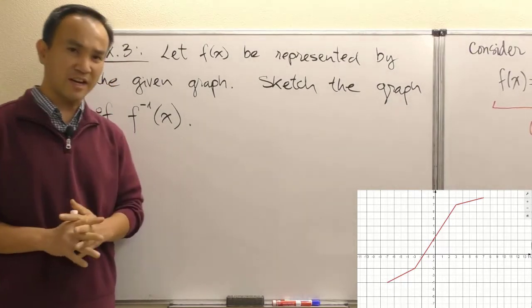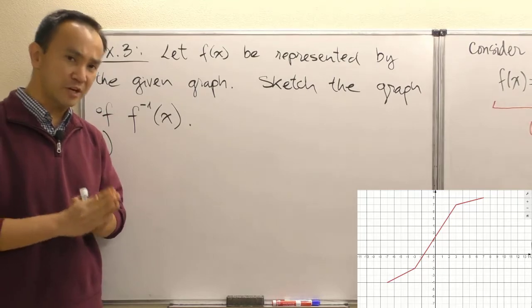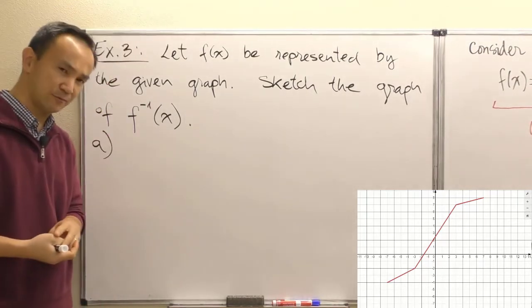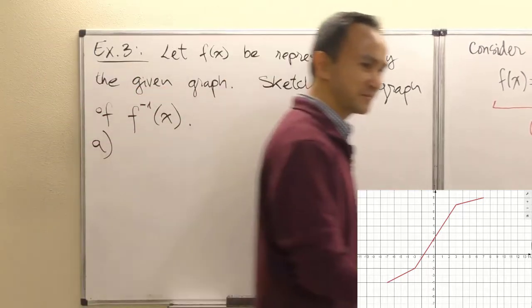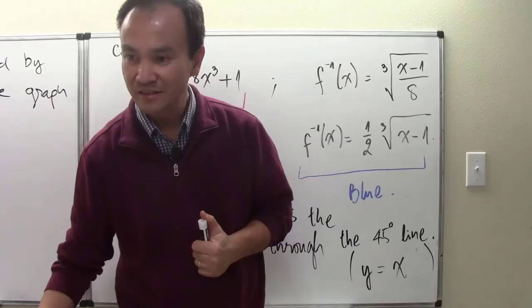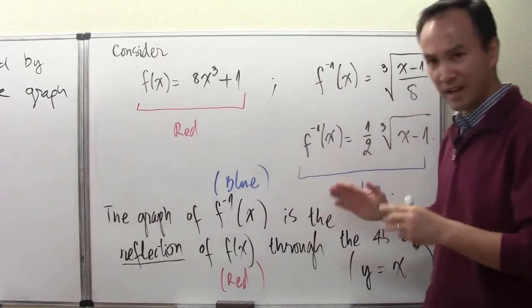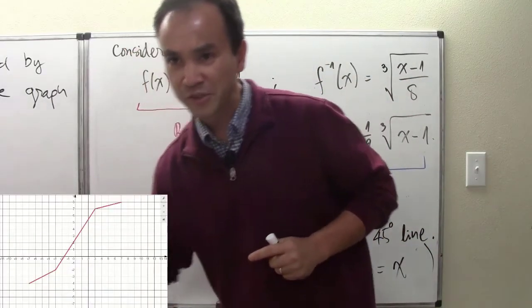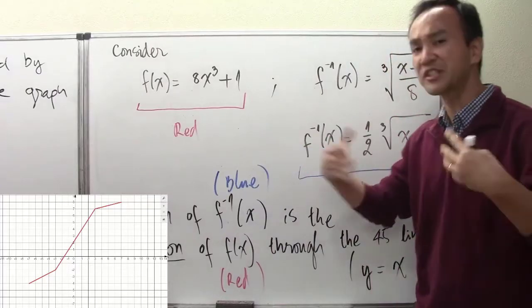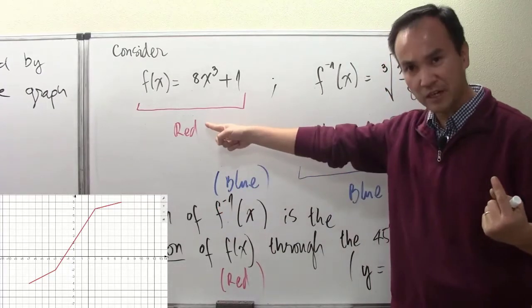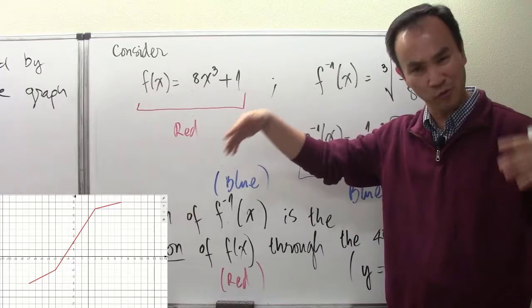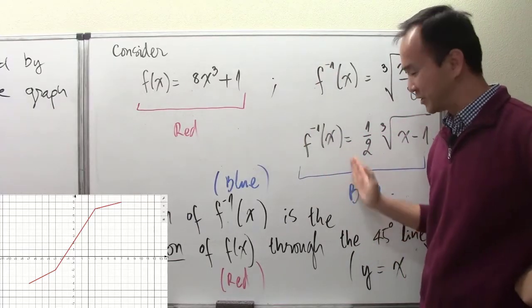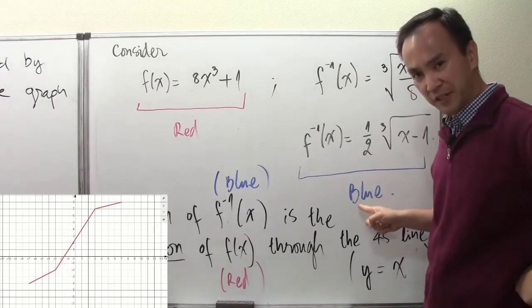Once again, allow me to explain step by step in this first problem, part A of the example. We've learned earlier, on the picture that I've shown, let's stay in that convention that the graph of the original function is in red or in some chosen color, and then we pick a different color to represent the graph of the inverse.